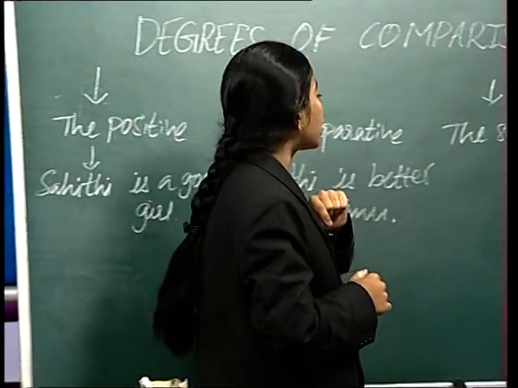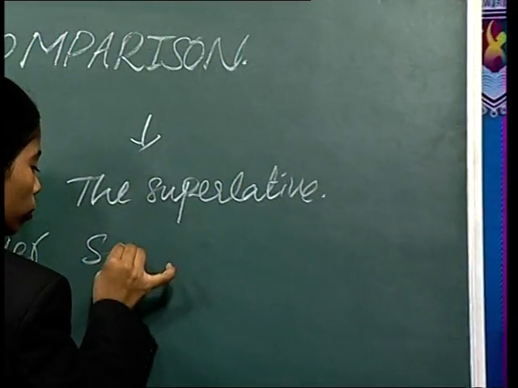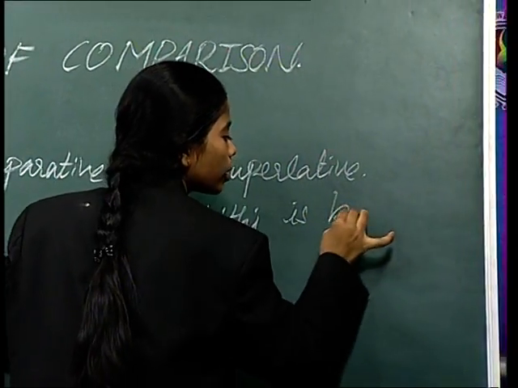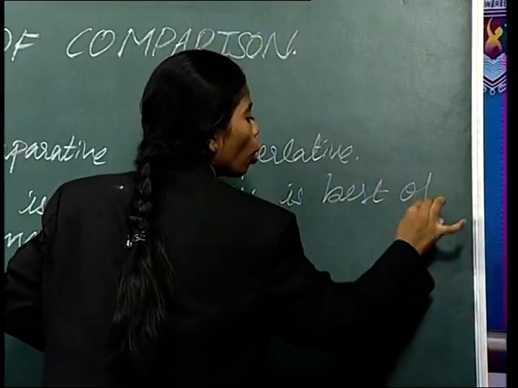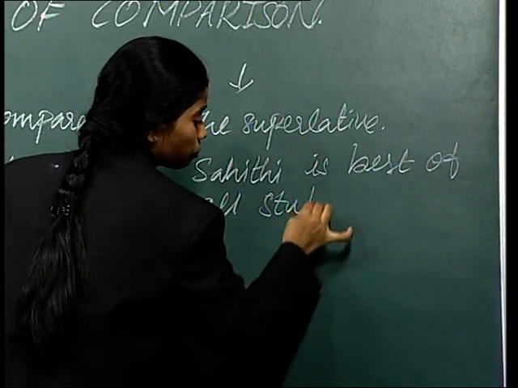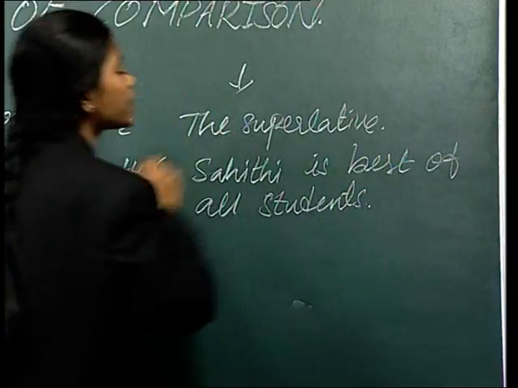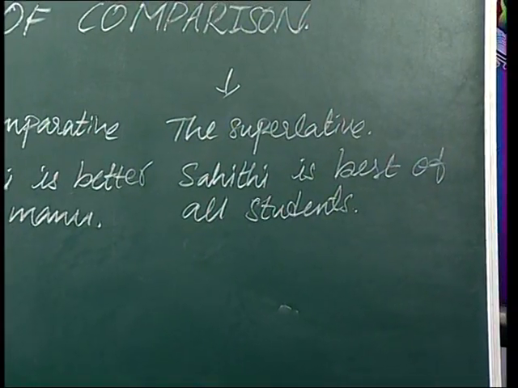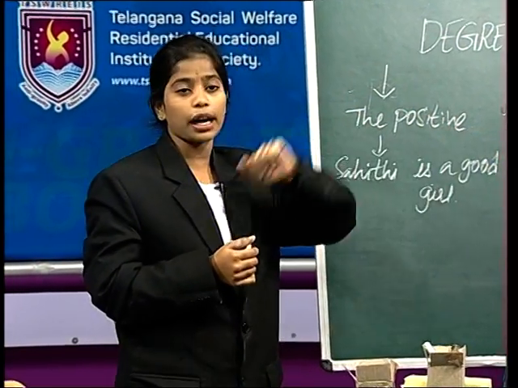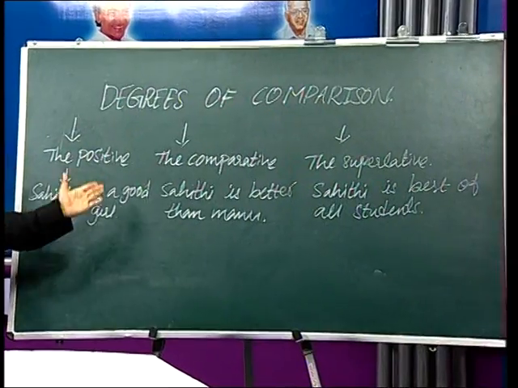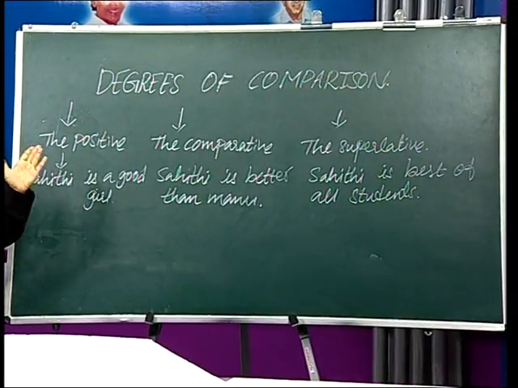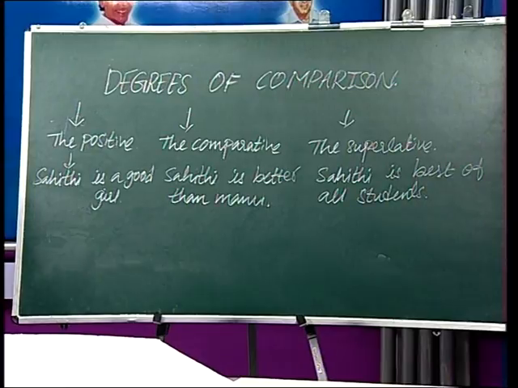And while coming to the superlative, Sahiti is the best of all students. So friends, what we have observed here is Sahiti is a good girl in the positive form, in the comparative Sahiti is better than Manu, and in the superlative Sahiti is the best of all students.